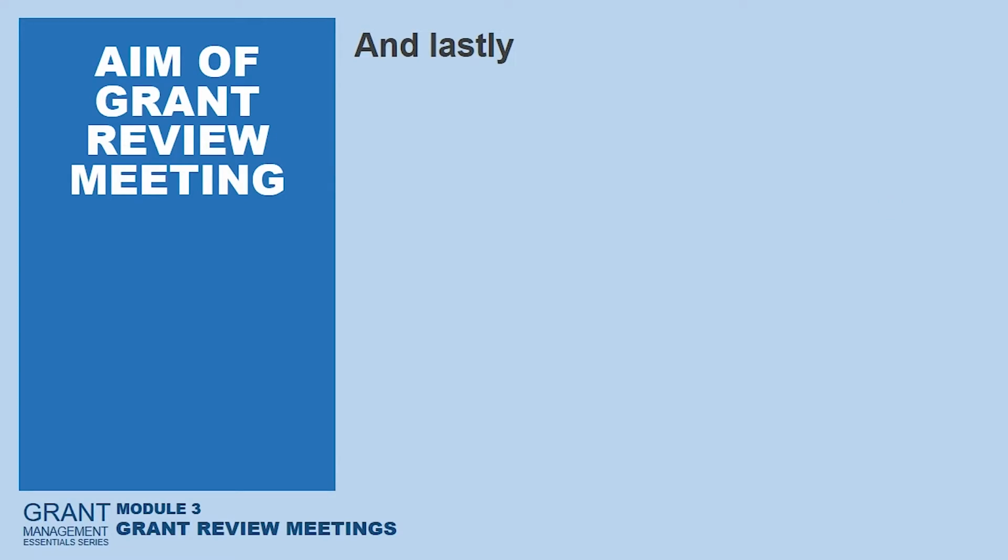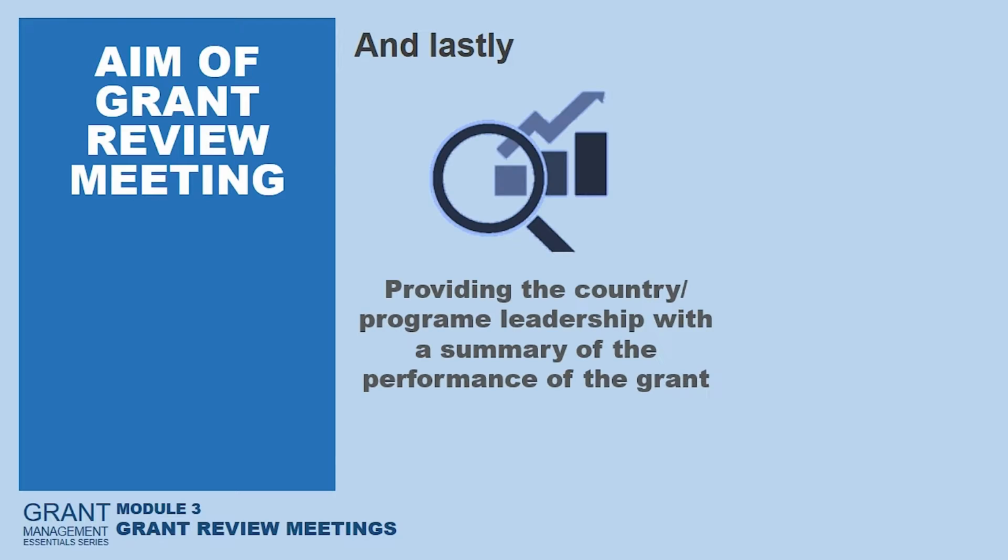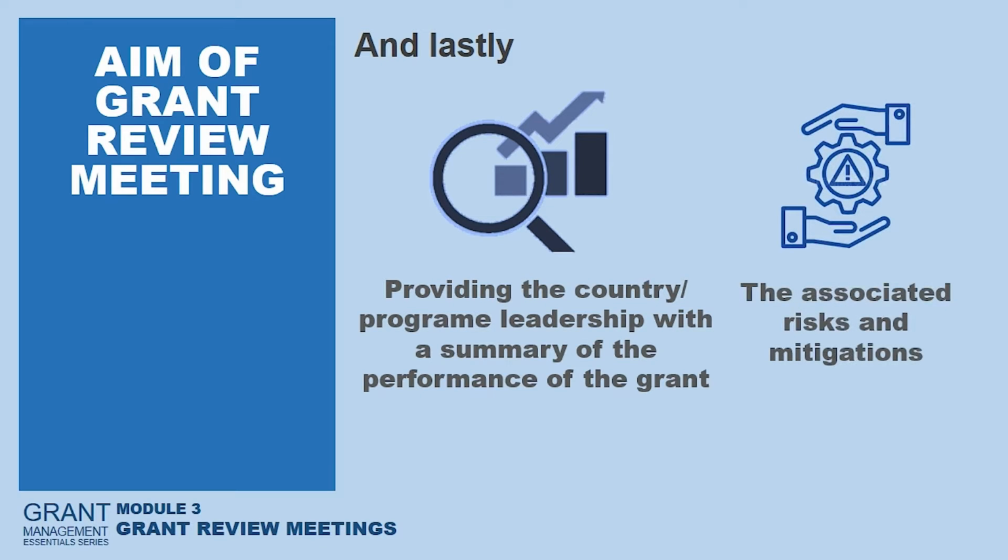So if we are to achieve a certain number of targets within a certain period of time, then we look back at the actual and identify what the challenges are and how to address them. And finally, the aim is to provide the country or the program leadership with a summary of the performance of the grant and the associated risks and mitigations.